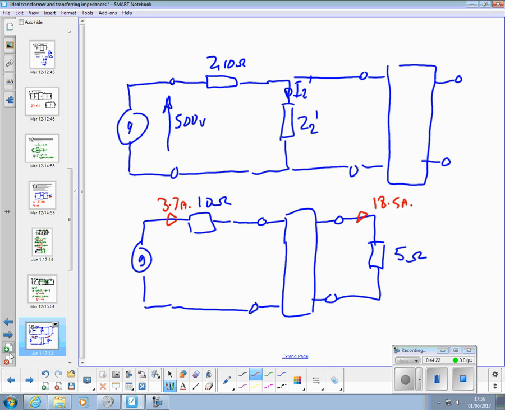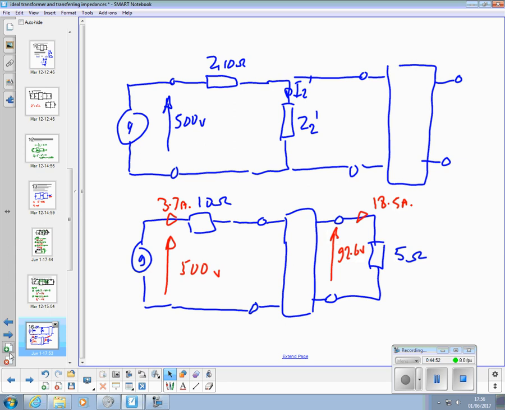And we've got a secondary E2 of 92.6 volts. This is 500. We've got a 5-to-1 step-down transformer. You'd expect that to be 100 if that was ideal.